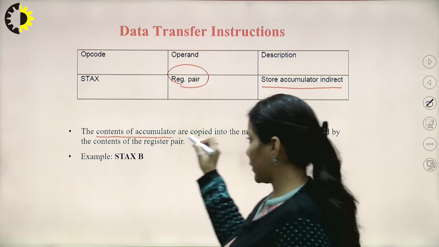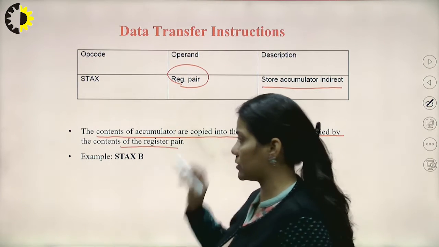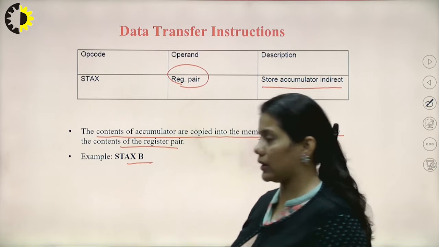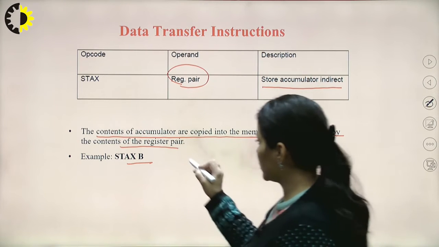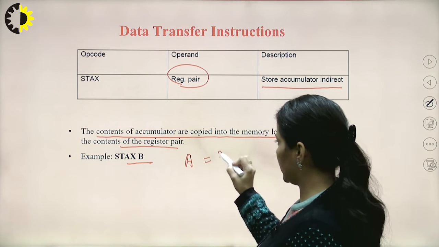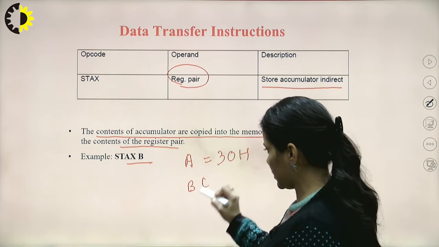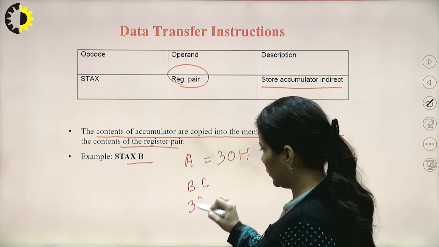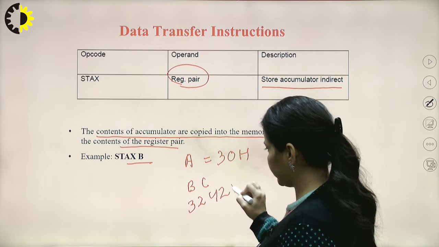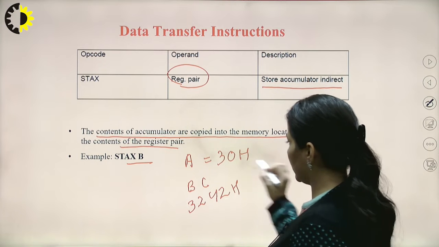The contents of accumulator are copied into the memory location specified by the contents of register pair. Example STAX B. So what it will do? Suppose A is having the data 30H, BC register pair is having the data 3242H. Now, what it will do?